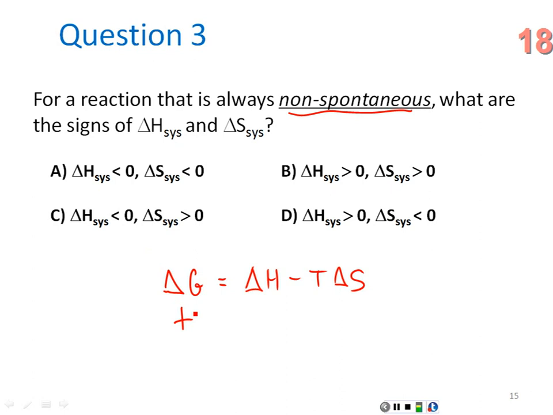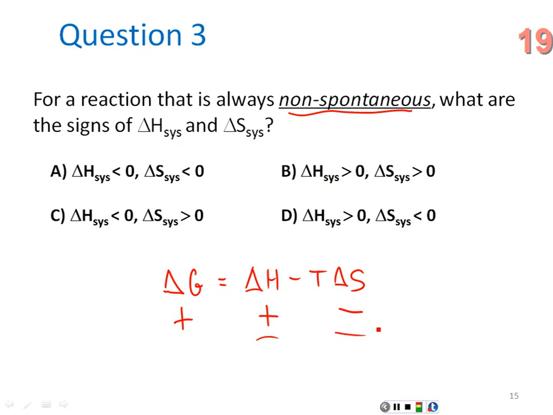How do we get a positive delta G? Well, you have to have a positive delta H, or you have to have a negative delta S to get a positive delta G value, depending on the magnitude of delta H or delta S. But to always have a non-spontaneous process, delta H has to be positive and delta S has to be negative.